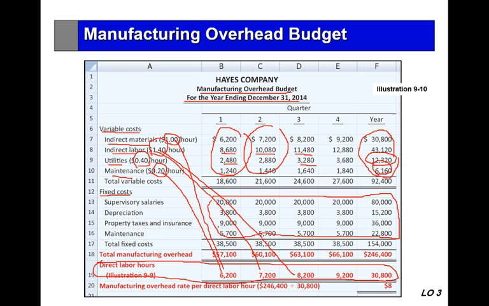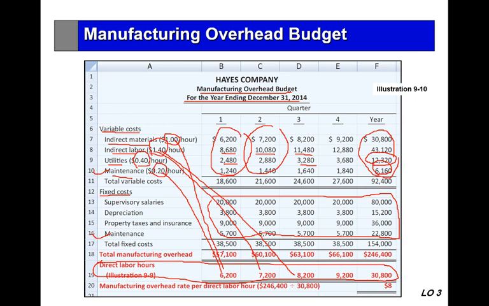Property tax and insurance, we have 9,000, 9,000, 9,000, and 36,000 for the year. And the maintenance, here we see that maintenance is a mixed cost, appearing in both the variable section and the fixed section. Maintenance in the fixed section: 5,700, 5,700, 5,700, and 22,800 for the year.